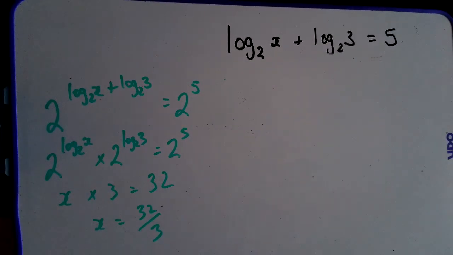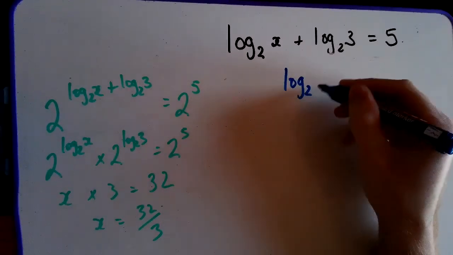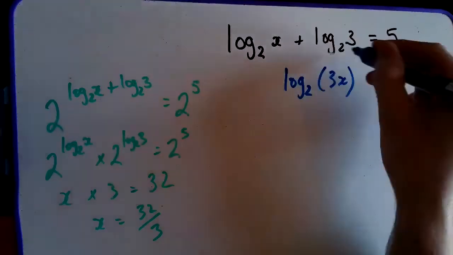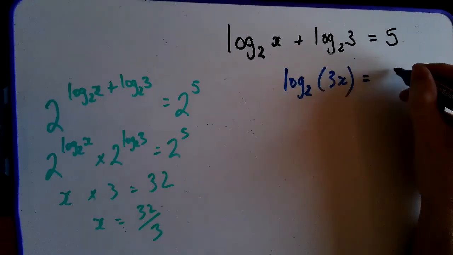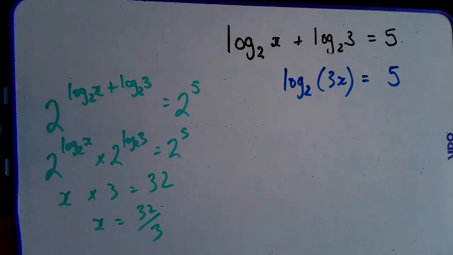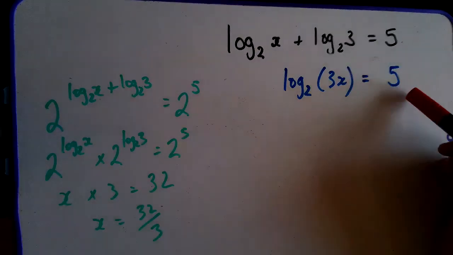Or again, the quicker way would just be to combine the logs first. So log 2 of 3x, because add means I can times my bits, equals 5. Now, this bit here, you've got two options. You can either change that into a log.